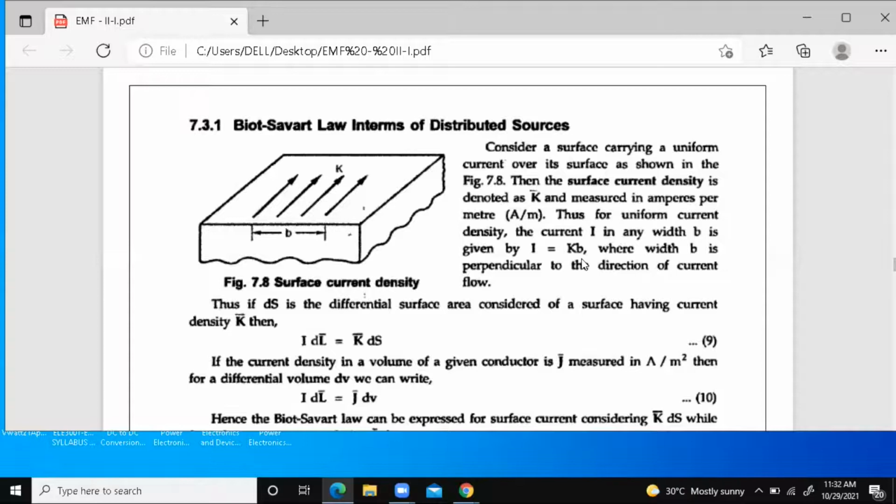Thus, if dS is the differential surface area of a surface having current density K, then I dl becomes K dS. Get that?